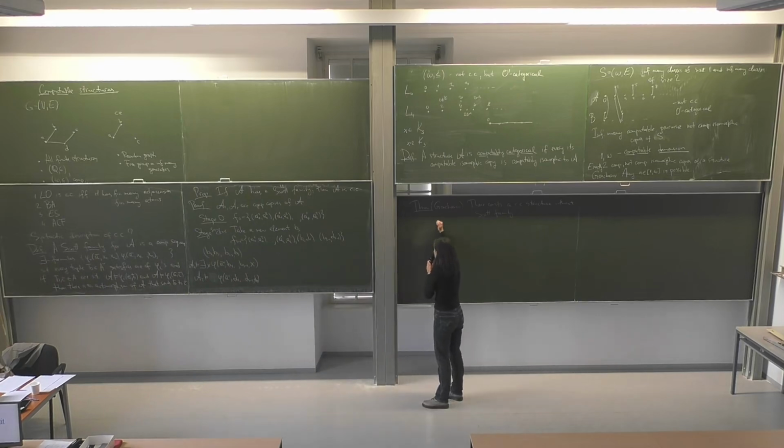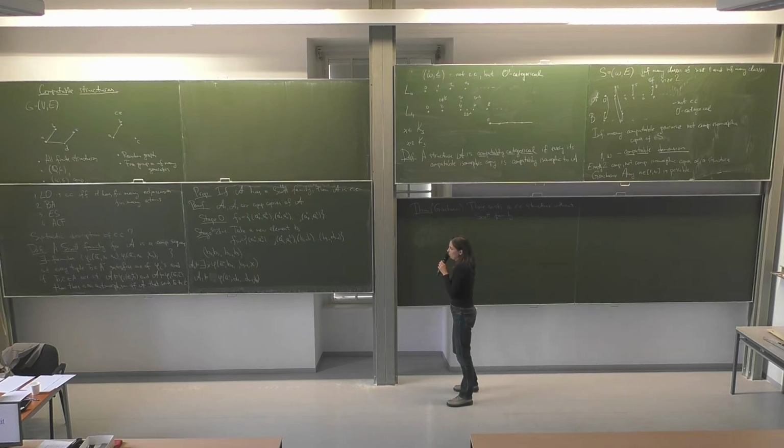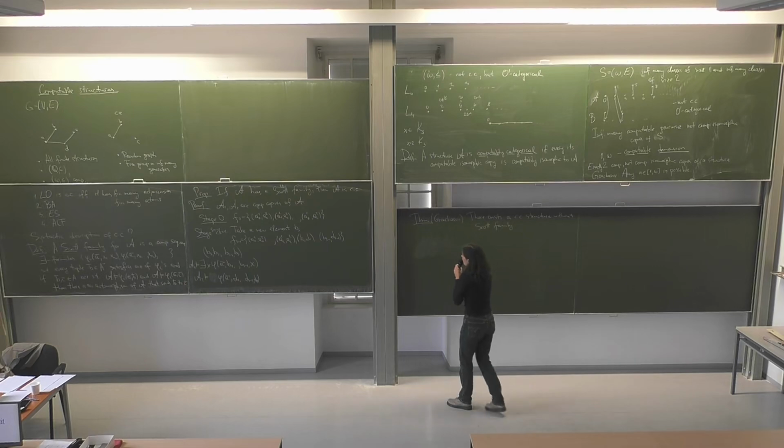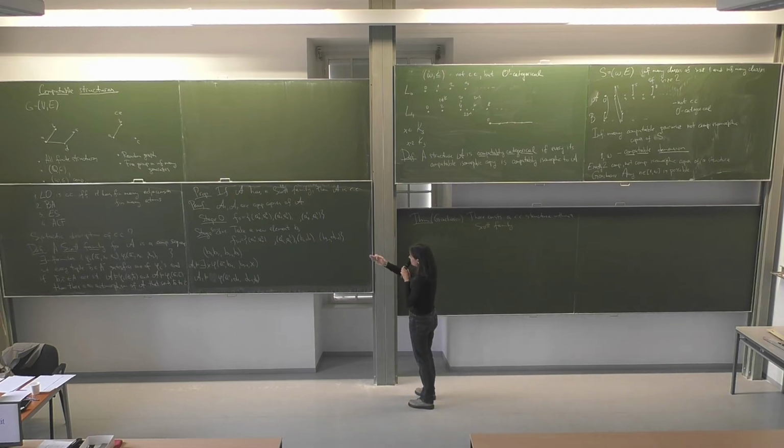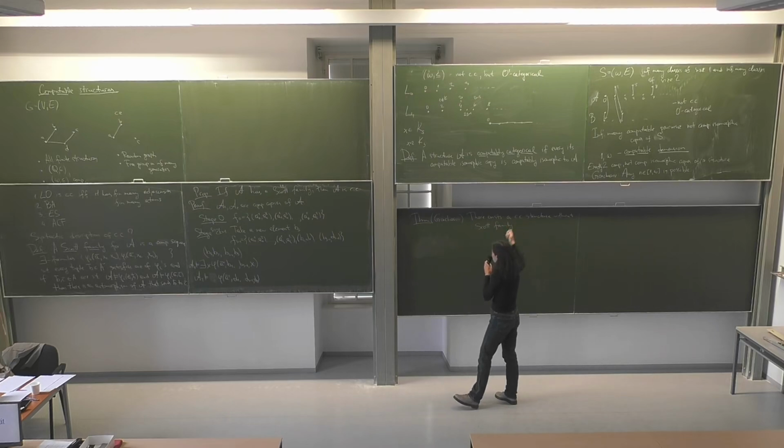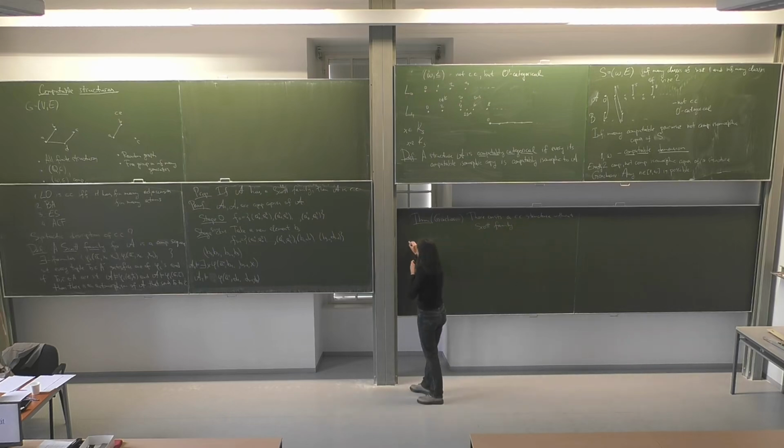I will not talk about this because in this situation we need already infinitary formulas. But what I want to say is that having a Scott family does characterize some kind of property that is related to computable categoricity, namely relative computable categoricity.